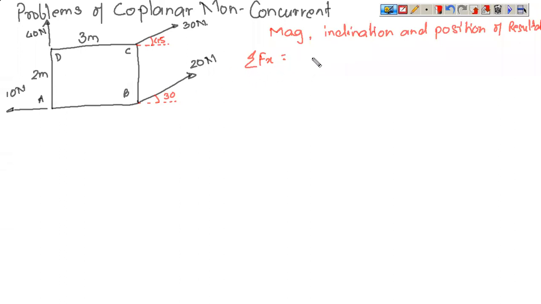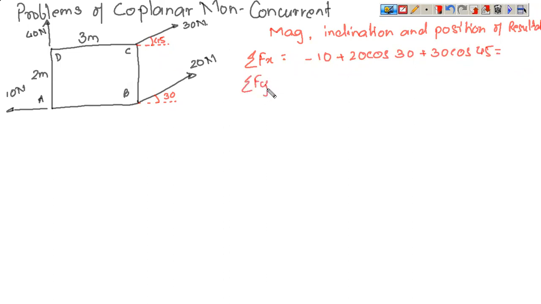So what will be the value of sigma Fx? This will be minus 10, this one. Then you have 20 cos 30, and then you have 30 cos 45, and you have this 45. 40 won't be counted because it is in the y-axis. So you can calculate this.